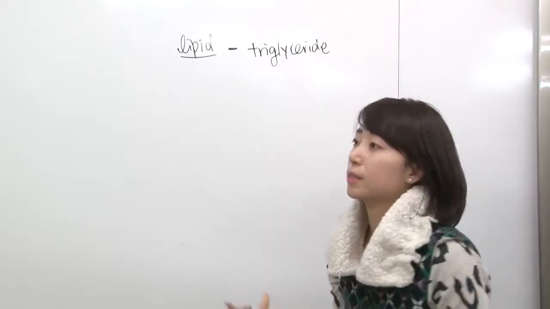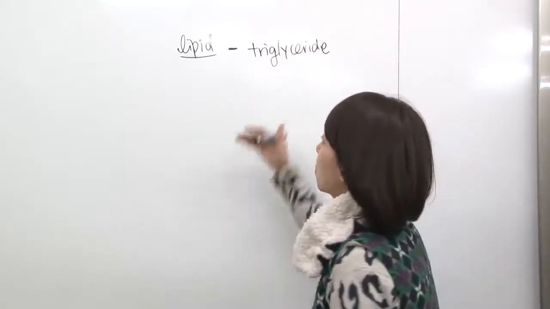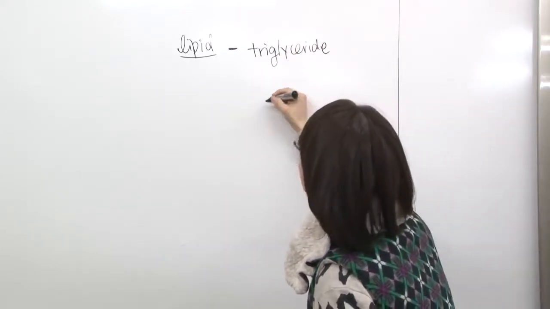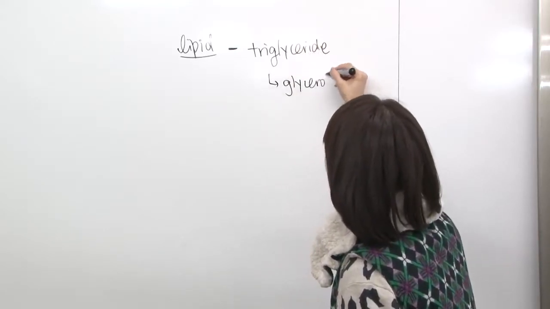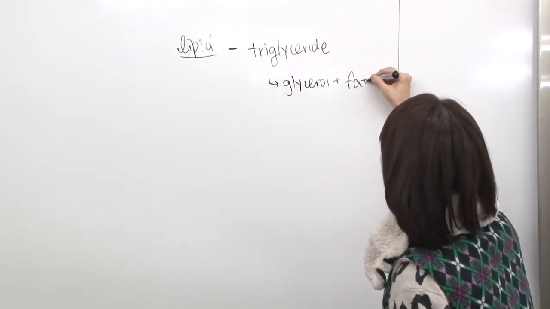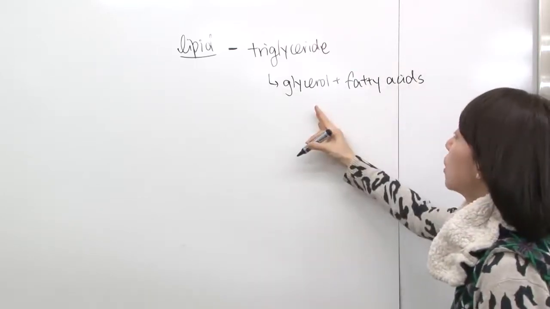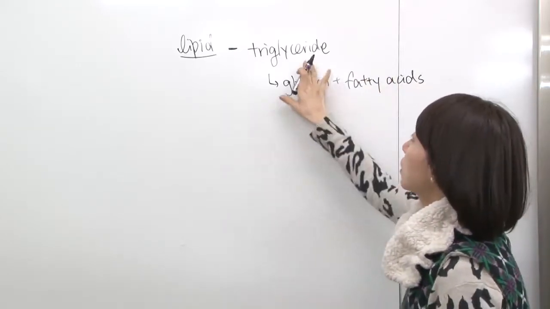Normal fat that exists in our body is in the form of triglyceride. It is made up of glycerol plus fatty acids. If they come together, they form one big chunk of fat, called triglyceride.